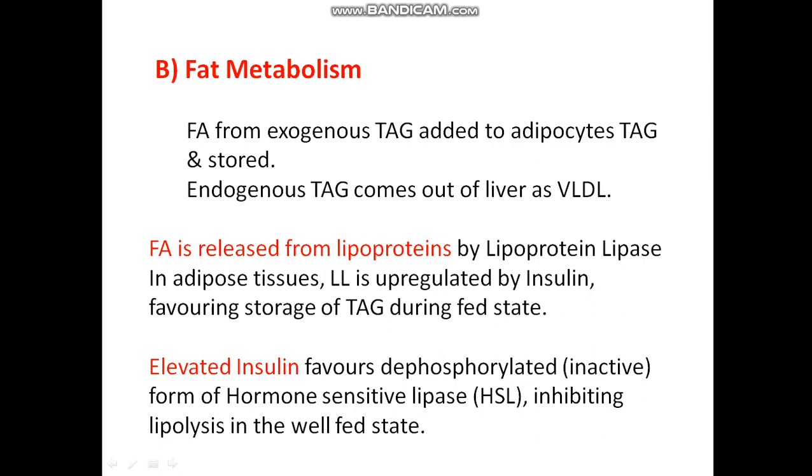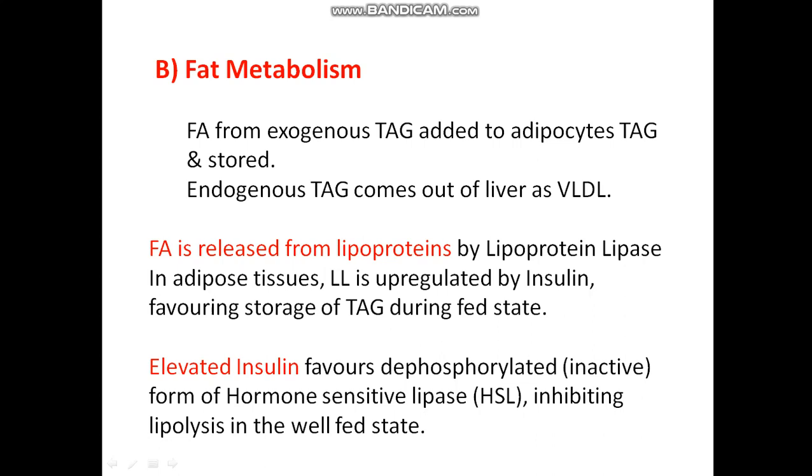When insulin is high, it upregulates this lipoprotein lipase, which releases the fatty acids from TAG, and that enters the adipose tissue where it is again converted to TAG and stored. This elevated insulin favors the dephosphorylated, that is inactive, form of hormone sensitive lipase, thus inhibiting lipolysis in the well fed state.